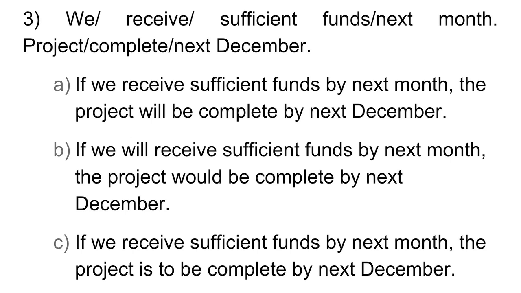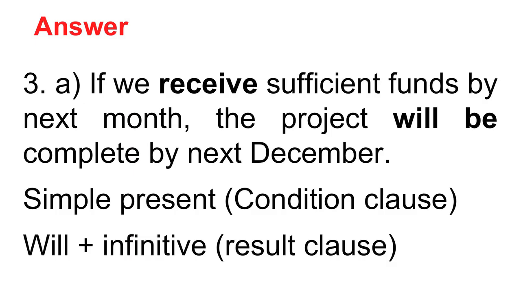C. If we receive sufficient funds by next month, the project is to be complete by next December. And the best answer is third, A. Simple present and will plus infinitive, result clause.